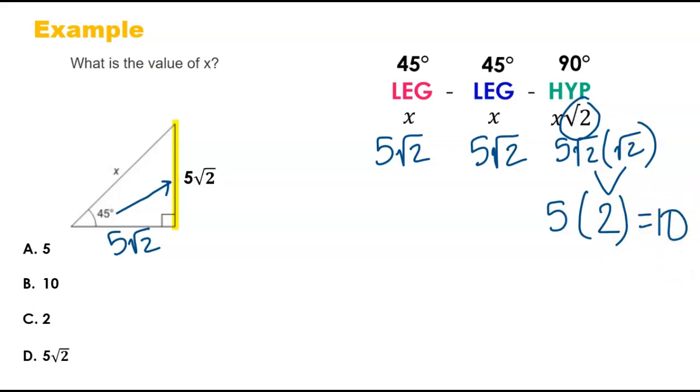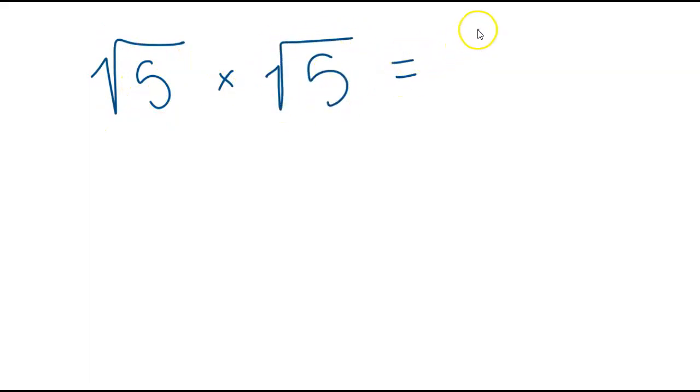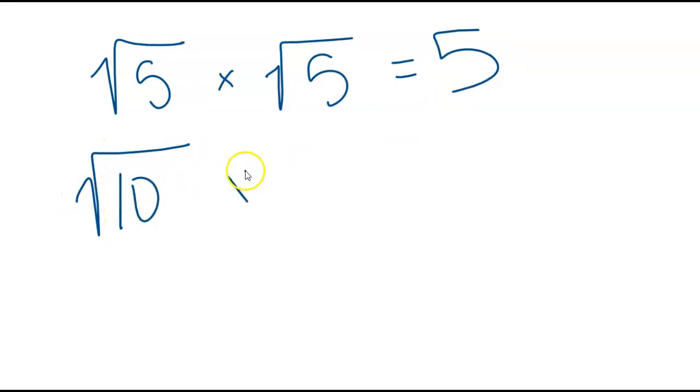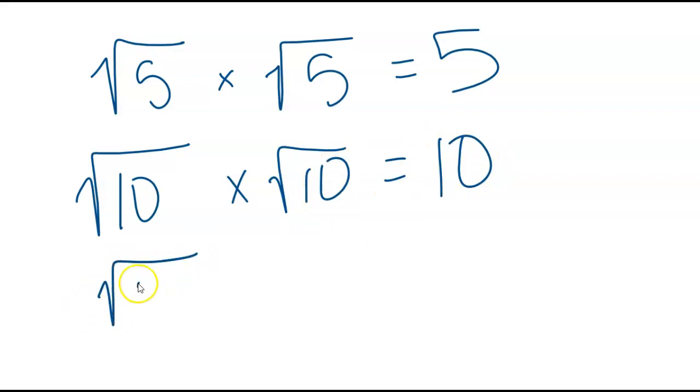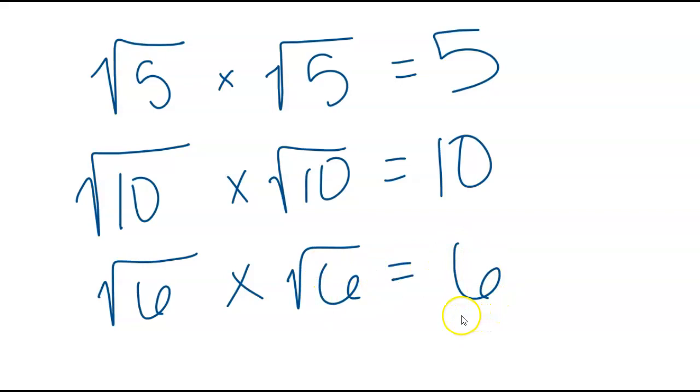Let me show you another example of what I mean by the square root times square root. If I had square root of 5 times the square root of 5, that's just going to be 5. If I have the square root of 10 times the square root of 10, it just cancels out, becomes 10. Square root of 6 times the square root of 6 is just going to be 6, okay?